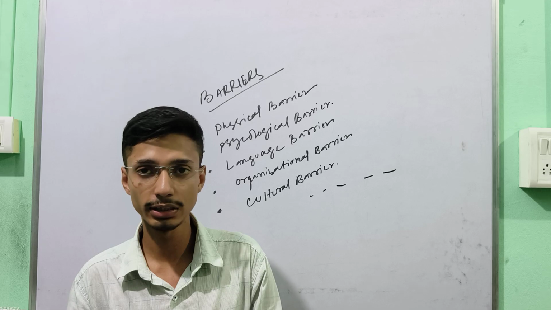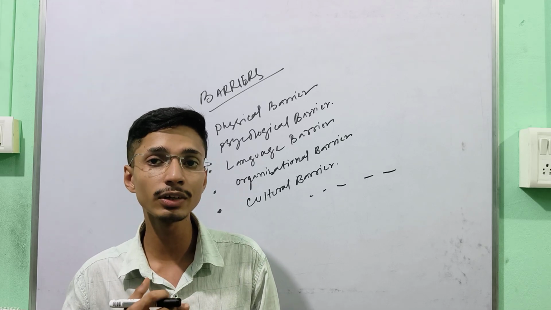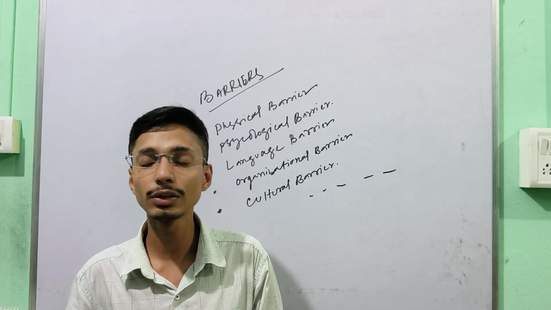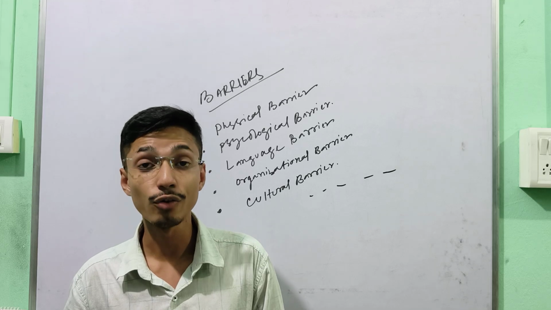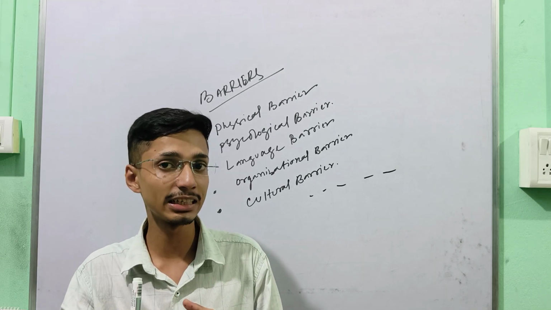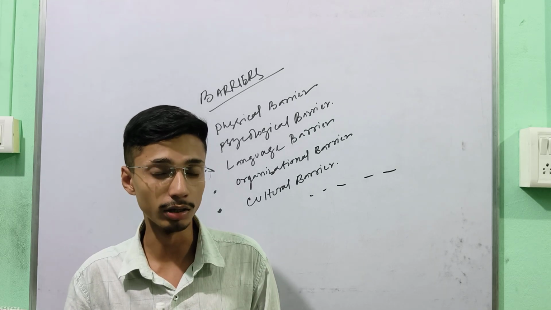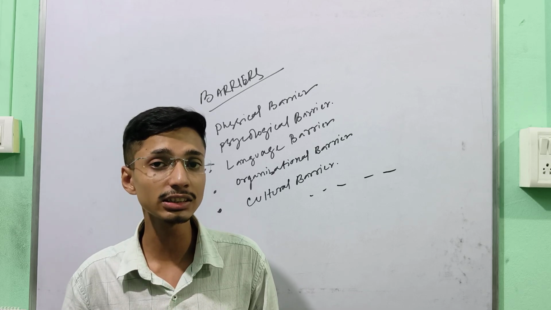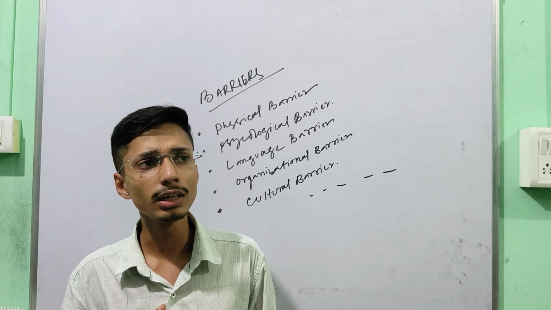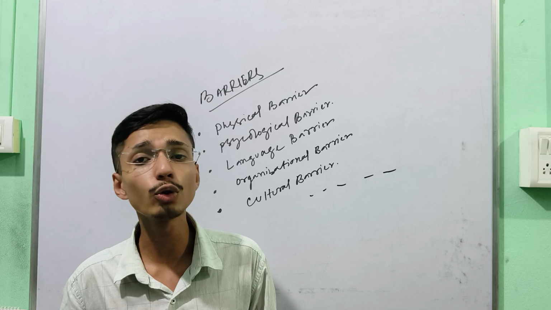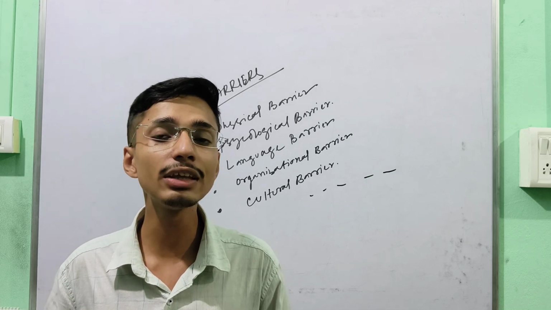That means when sender and receiver are at a long distance, we can't complete our communication process properly. For that reason, we have to maintain a short physical distance, and then the communication process will be very effective, and doubt solving also. So we have to overcome the physical barrier.